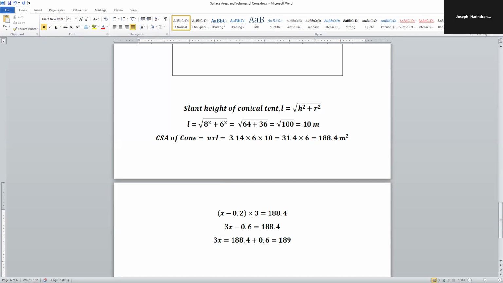Thereby we get 3x is equal to 189. So what will be the value of x? That's all. Calculate the value of x. On dividing by 3, we get x is equal to 63.